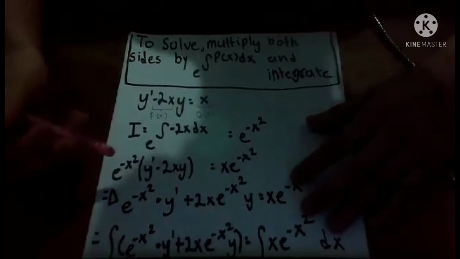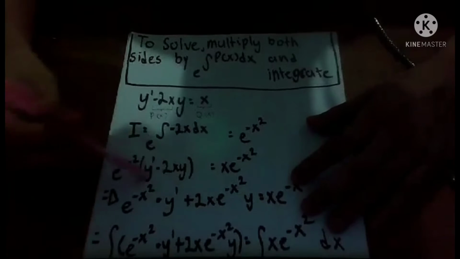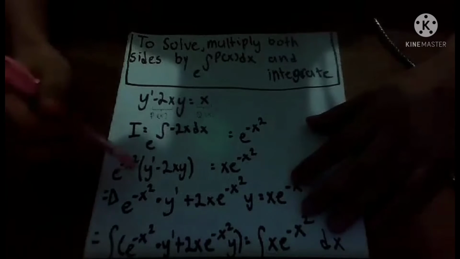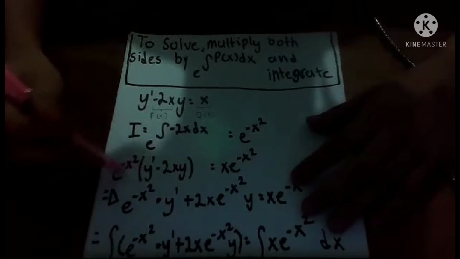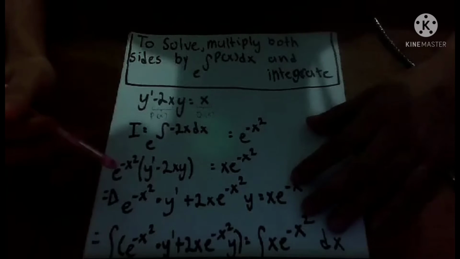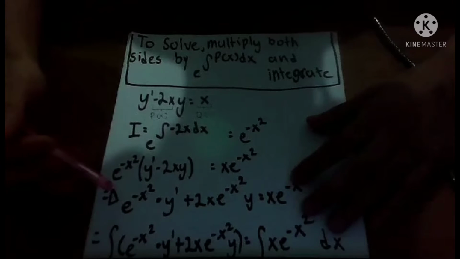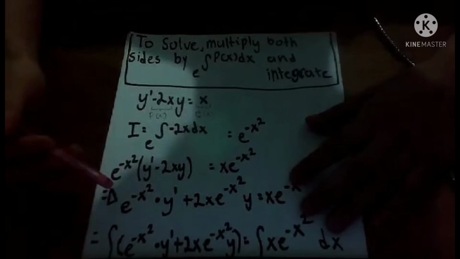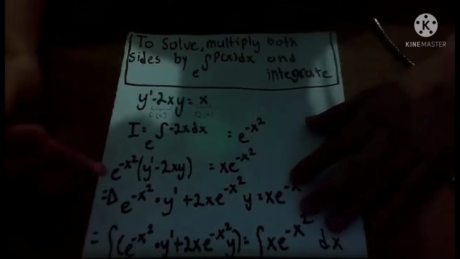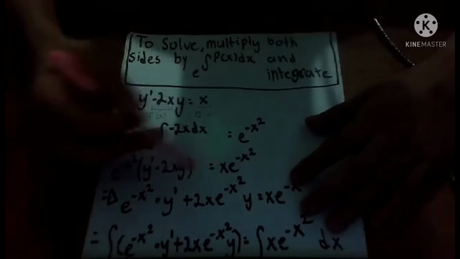So on the left side, I'm going to get e raised to negative x squared times y prime minus 2xy, and this will equal x times e raised to negative x squared.